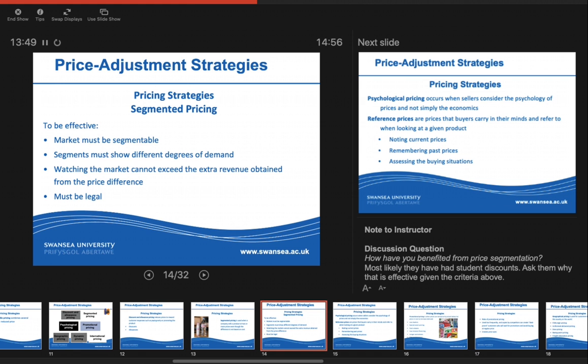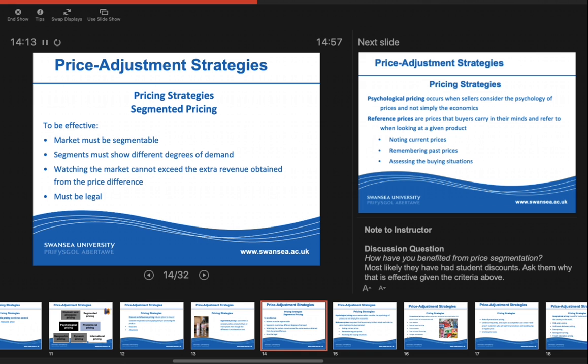You must show different degrees of demand, and again we're talking about the economics of supply and demand here. The higher the demand, the lower the supply, then the price will go up, and vice versa. If there's a lot of supply and not much demand, then the price will drop. The cost of segmenting the market can't exceed the extra revenue obtained from the price difference, and overall it has to be legal.